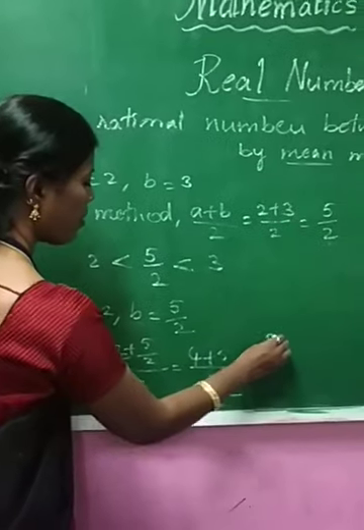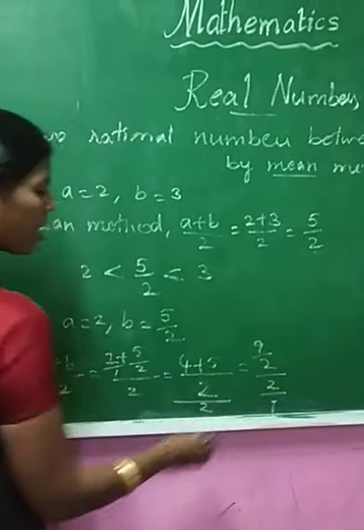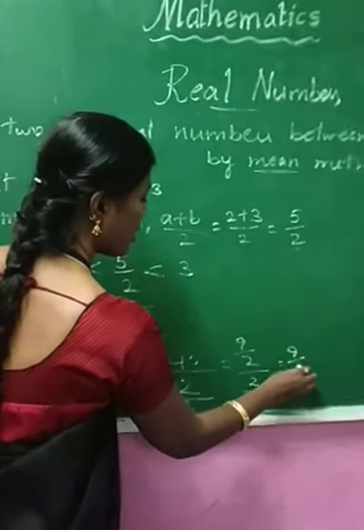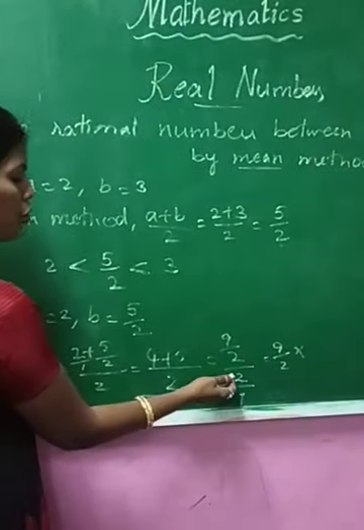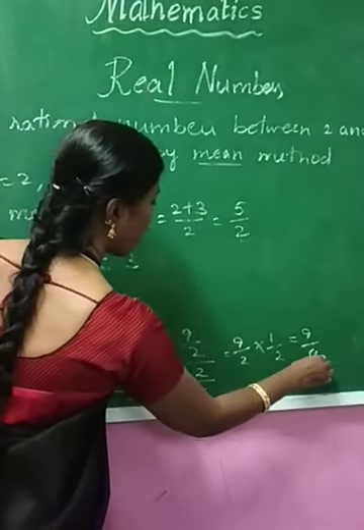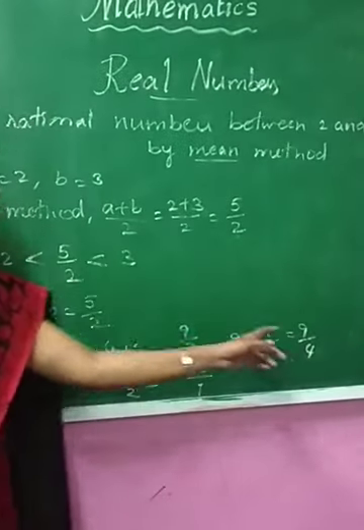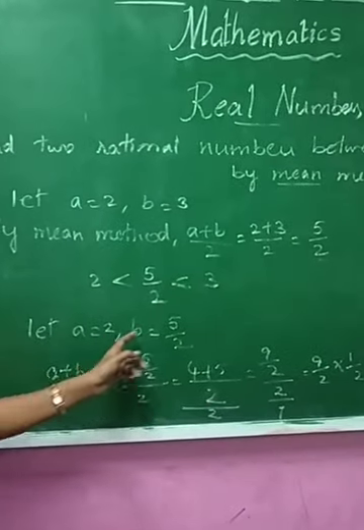So 4 plus 5, 9 by 2, all by 2. 2 can be written as 2 by 1. Now I will take the reciprocal, so 9 by 2 into 1 by 2 is 9 by 4. So here we got the rational number 9 by 4 in between 2 and 5 by 2.